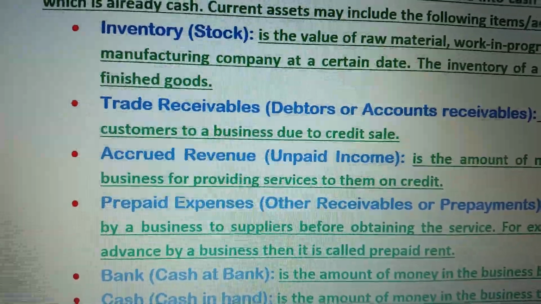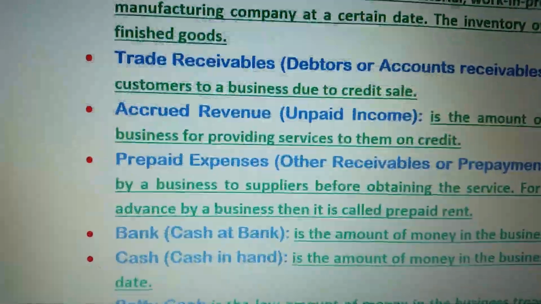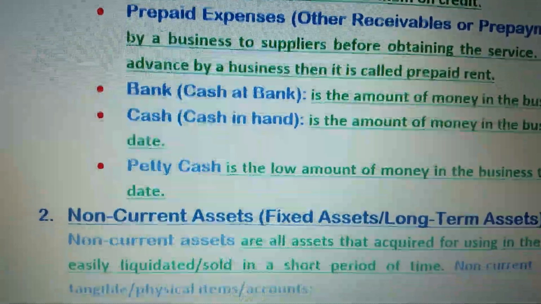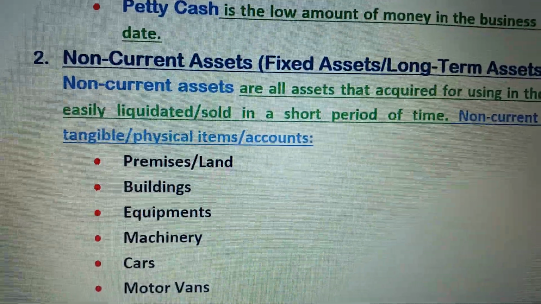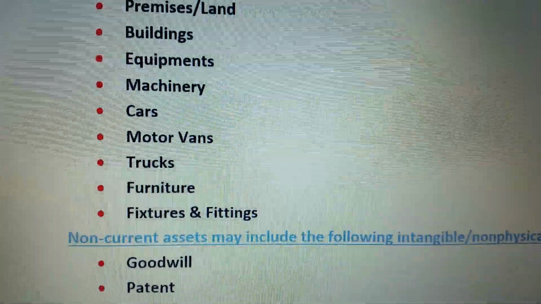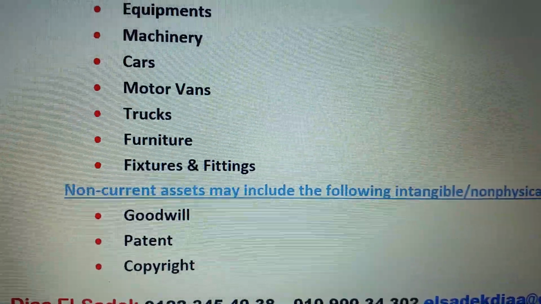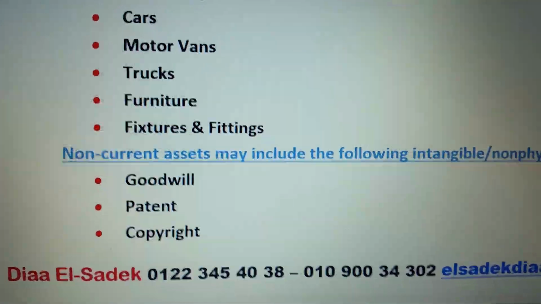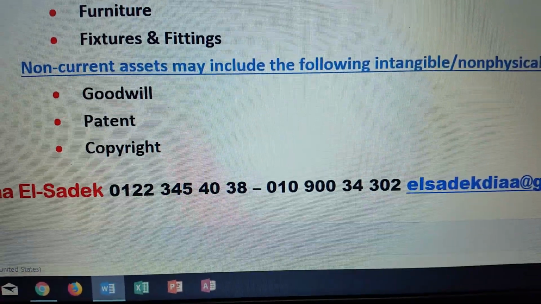And the second category of the assets is known as non-current assets or fixed assets. Fixed assets can be divided into two types: physical or tangible, such as land, building, equipment, computer system, machinery, cars, motor vans, furniture, trucks, furniture and fittings. And the intangible items are goodwill, patent and copyright.